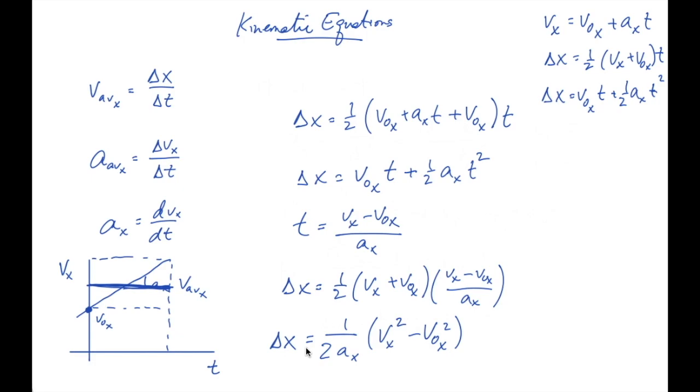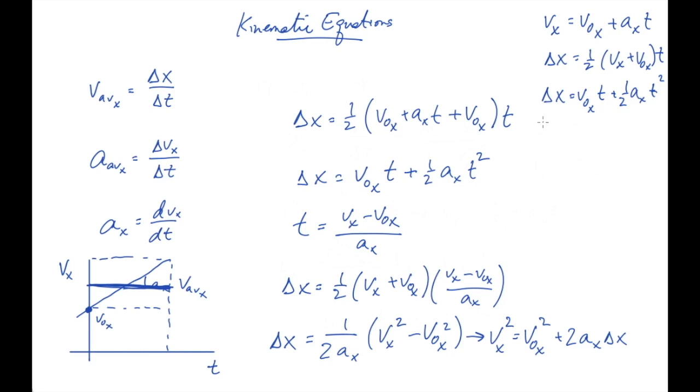You can leave this equation this way, but for whatever reason, it's traditional to resolve it for the square of the final x component of velocity. If you do that, you get Vx squared equals V naught x squared plus 2Ax delta x. And that's the fourth of our kinematic equations.